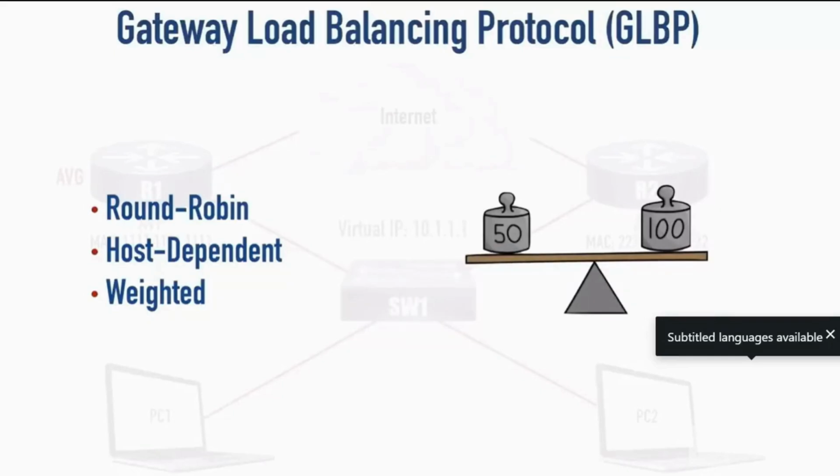We could do weighted load balancing. For example, if I assigned a weight of 50 to R1 and a weight of 100 to R2, then that means my active virtual gateway would be handing out R2's MAC address twice as often as it would be handing out R1's MAC address, which has half the weight, a weight of 50. That's going to give us weighted load balancing.